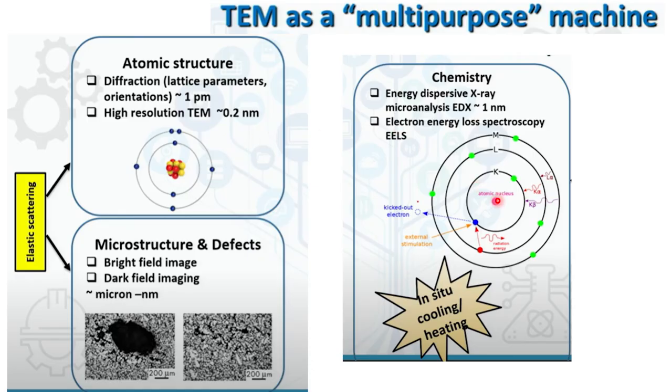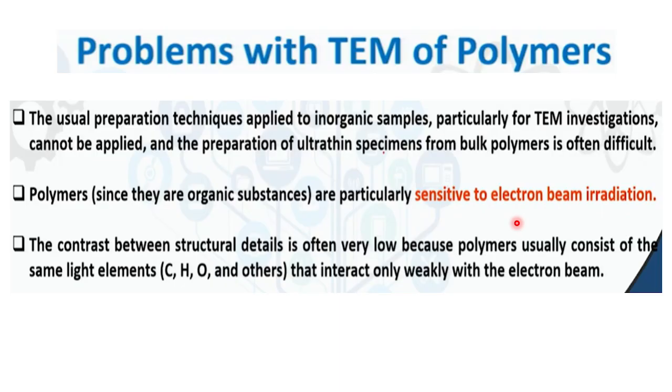Side by side, through the EDAX you can get chemical composition, and the in situ effect of heating and cooling can also be studied through the TEM instrument. So that's why it has a multi-purpose role: from microstructure to atomic structure as well as chemical composition, you can determine through the TEM analysis.